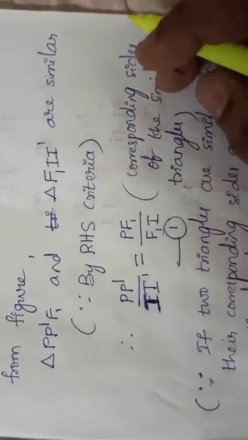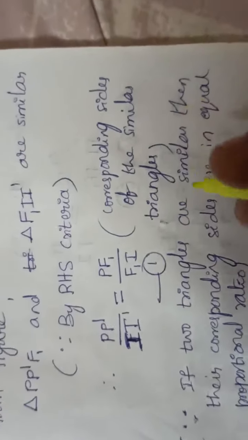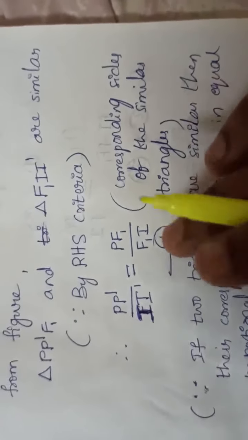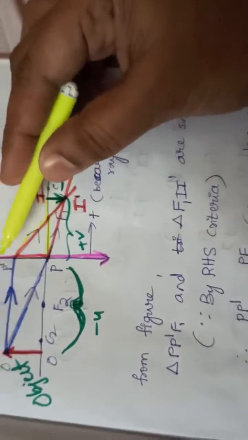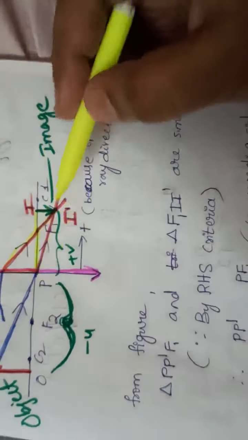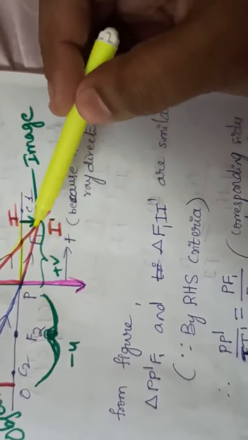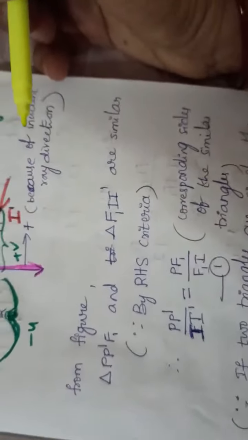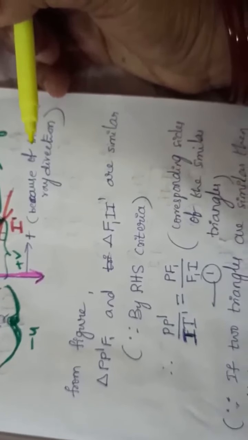From the theorem we know that corresponding sides of similar triangles are in equal proportion. So from that theorem I am writing the corresponding sides here. P dash and I dash are the heights of the two right angle triangles, and PF1 and F1I are the bases of the two similar triangles.